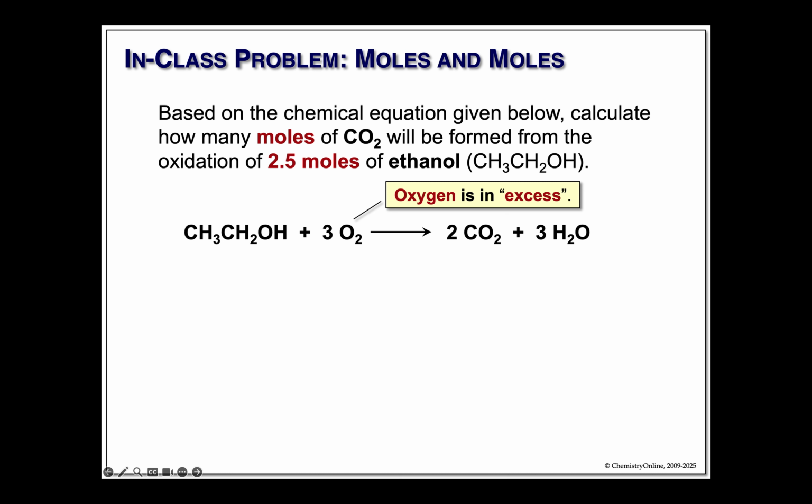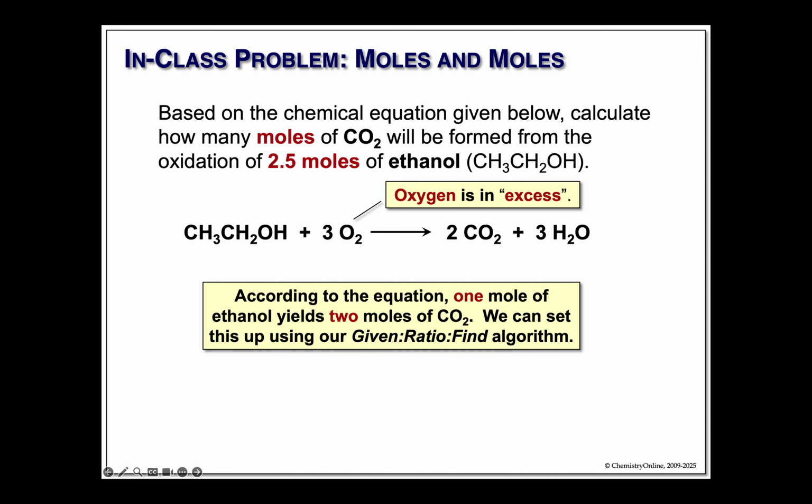In this problem, we're looking to see how many moles of carbon dioxide we're going to get, if we have 2.5 moles of ethanol. So that's defined as our problem. Oxygen is in excess because this is burning in a room full of oxygen.